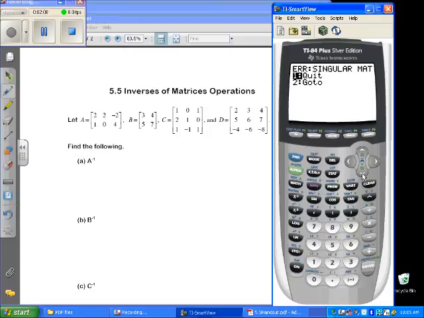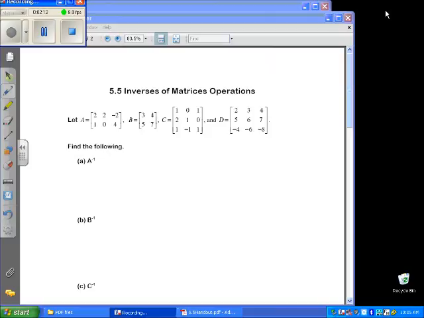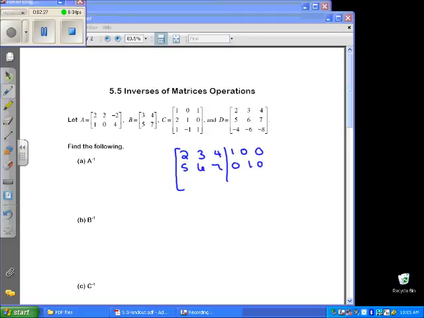Okay, the reason why we get an error, let me just explain it real quickly here, is if you take a look at your matrix D, normally the way you find the inverse by hand is you write the matrix and the identity matrix to the right. This is how you would do it by hand.